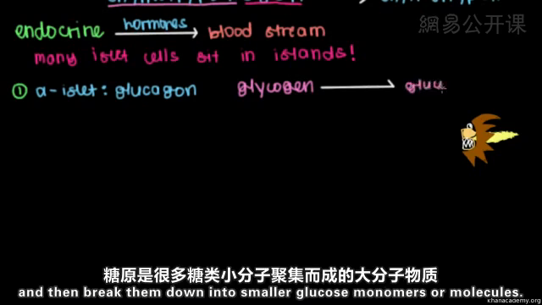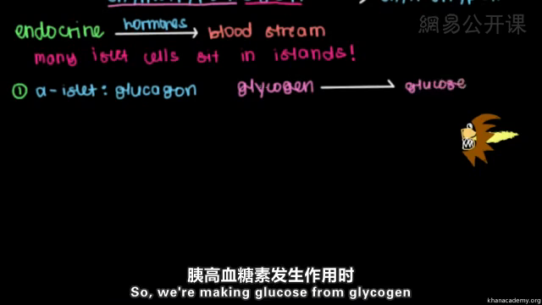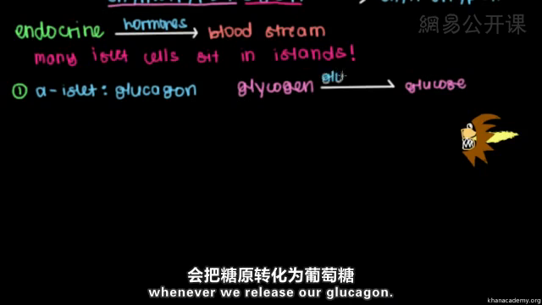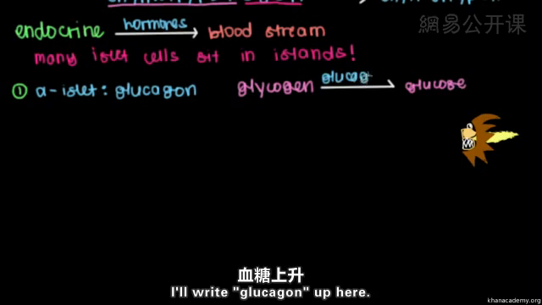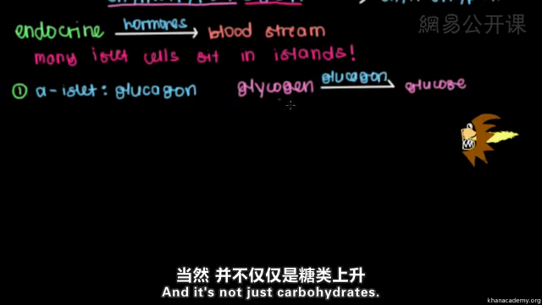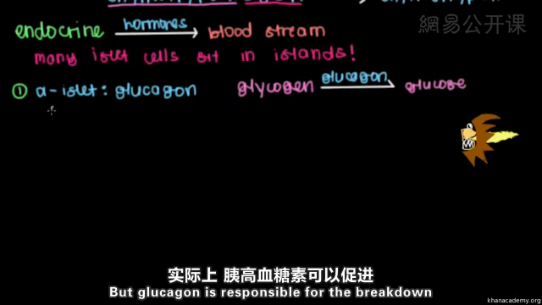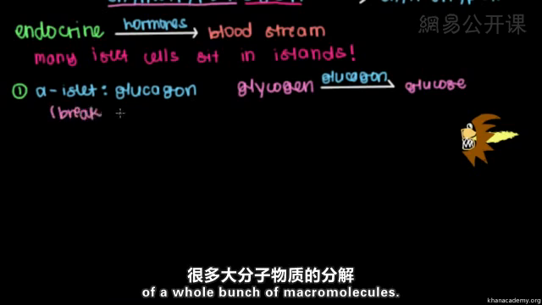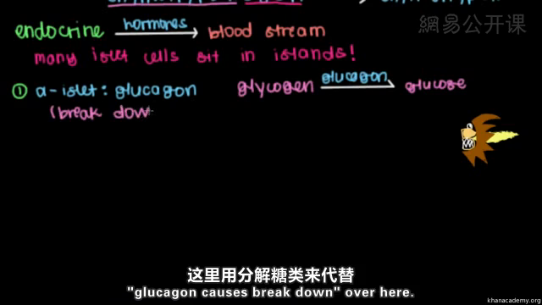So we're making glucose from glycogen whenever we release our glucagon. So I'll write glucagon up here. And it's not just carbohydrates, but glucagon is responsible for the breakdown of a whole bunch of macromolecules. So I'll just drive it home by writing glucagon causes breakdown over here.